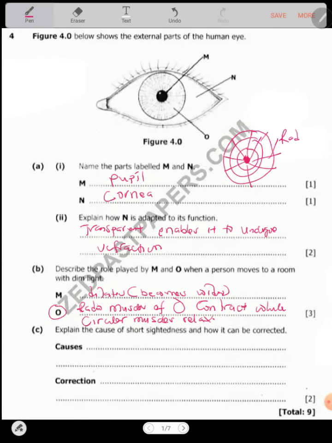So it is caused by light being brought into focus before the retina, or in front of the retina.